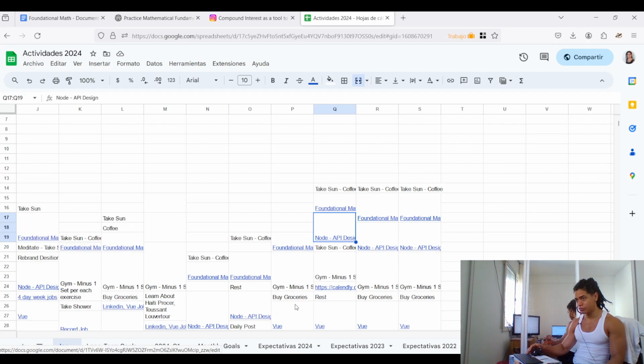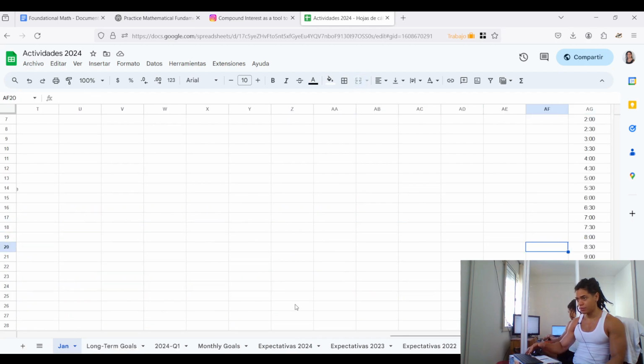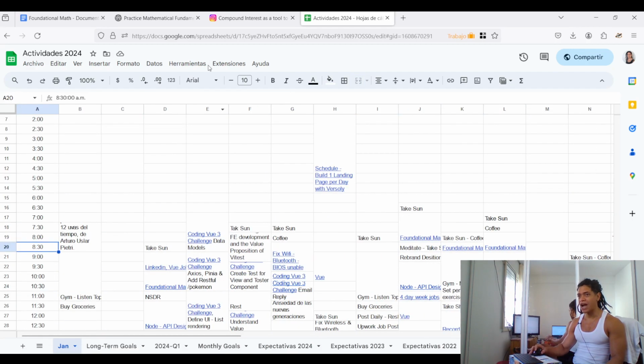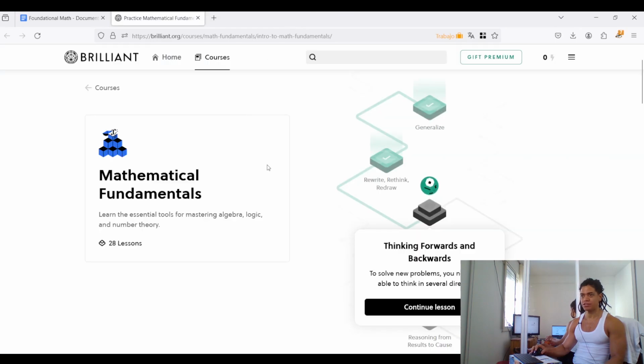I schedule my days first, because you may wonder, what is the outcome of this? Building the lifestyle I want, that I need. That's the reason why we're doing this: taking the abstract from mathematics, and applying it to specify a solution.